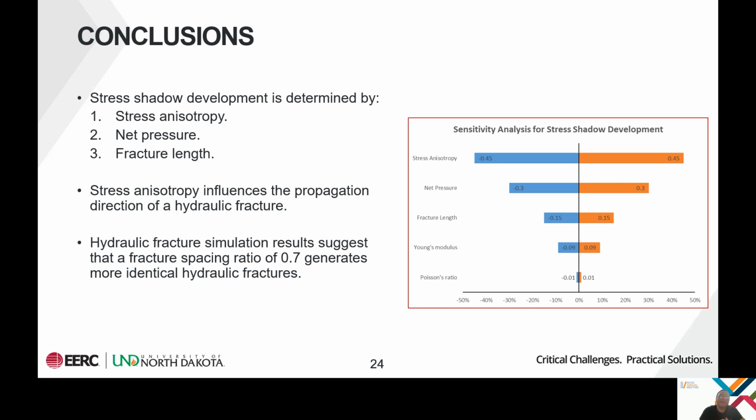And the hydraulic fracture simulation results suggest that a fracture spacing ratio of 0.7 generates more identical hydraulic fractures. So if you want to improve, we need to further investigate the effect on production.